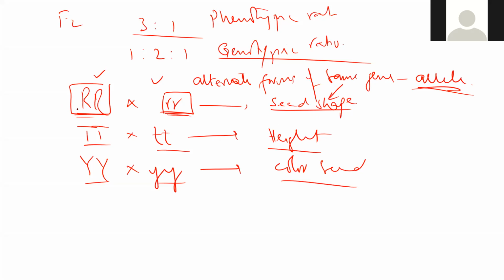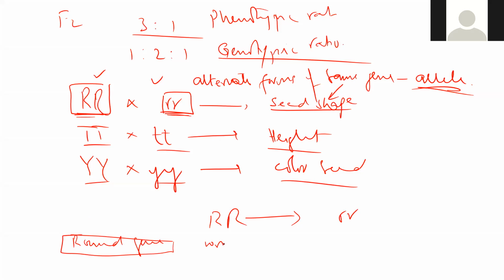So it means during the process of evolution, during pea domestication, the capital R got mutated into small r due to some mutation. And in the 21st century, today we know that the round gene is intact in wrinkled plants, but carries a very specific mutation.